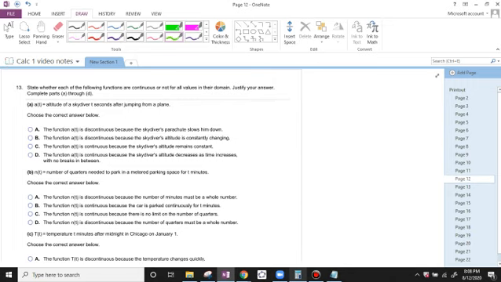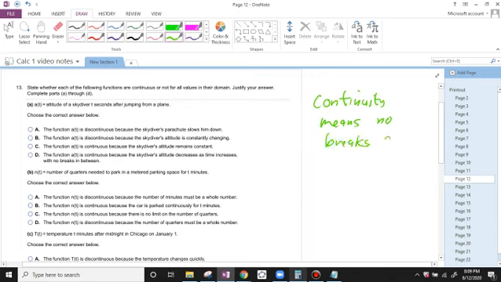13. We'll talk about continuity, but let me give you the street version. Continuity means no breaks or jumps. Between values.